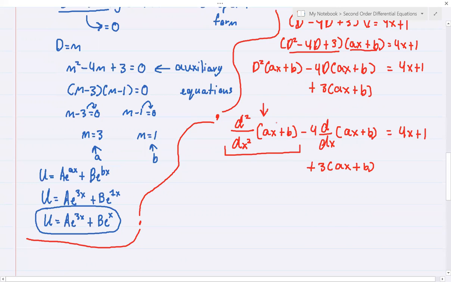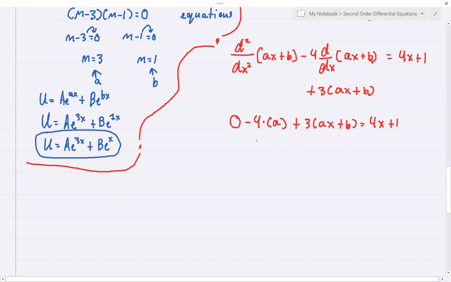What is the second derivative of ax plus b? It is 0. Minus 4 times the derivative of ax plus b, which is a. Then copy the other terms: 3 times quantity ax plus b is equal to 4x plus 1.